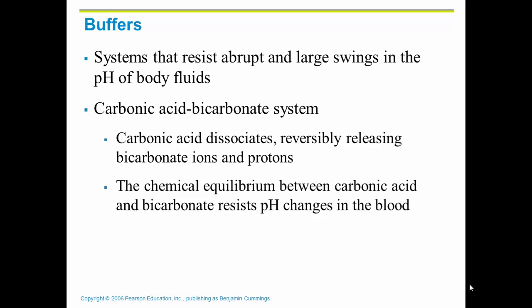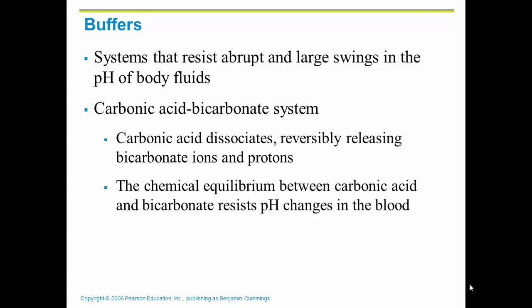Now, this next concept we are going to be performing an entire lab about, and it's about buffers. And buffers are compounds that are going to help our body maintain homeostasis by making sure that the pH of our body, whether it's in our blood, cells, whatever, doesn't fluctuate too much.